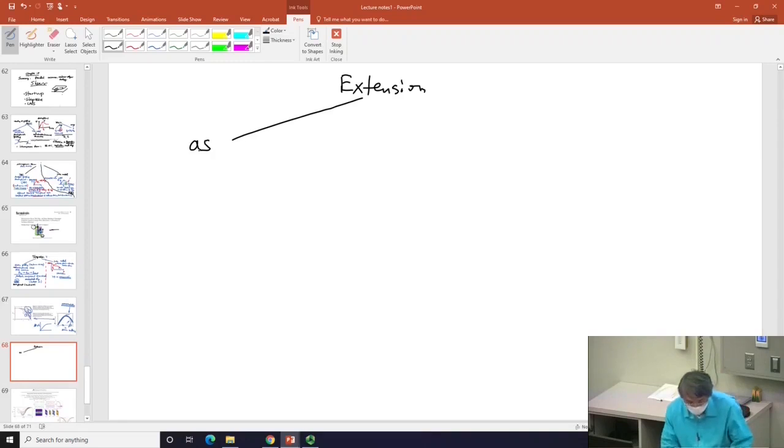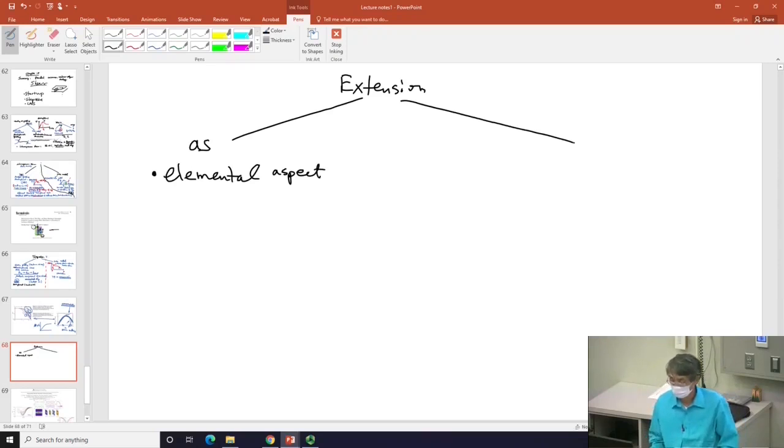I will first say something that is truly elemental. What is that? Well, one says, oh, I can compute for steady state.